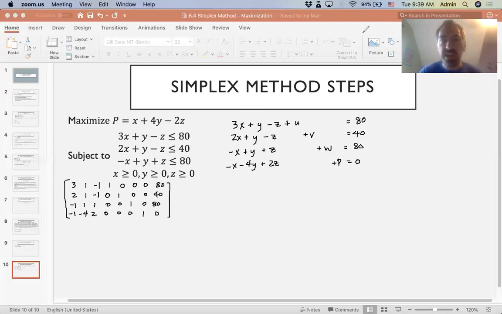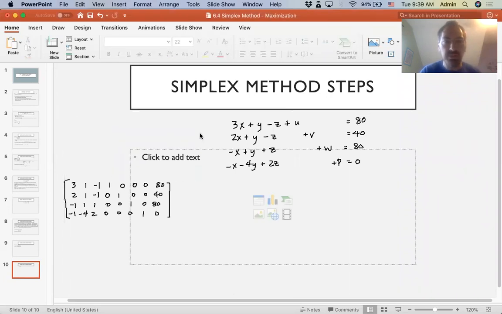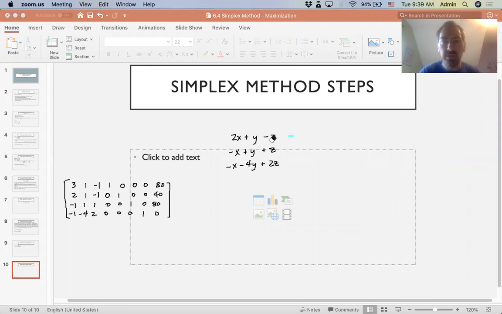All right, now that we have that, I want to give myself a little more room here so that we have some scratch work area.